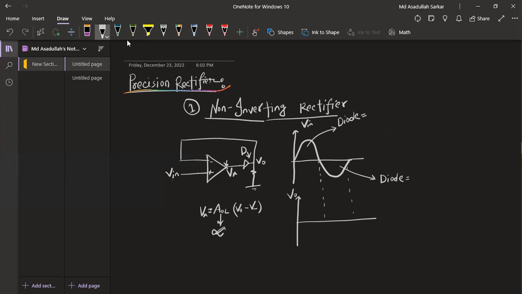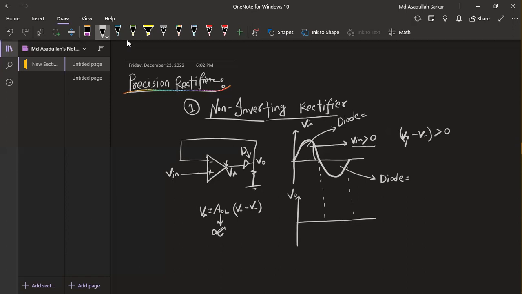So what will happen in this case while the input is a sine wave? For a sine wave, one half is positive and the other half is on the negative side. In the positive half, V input is greater than 0, so V plus minus V negative is greater than 0.